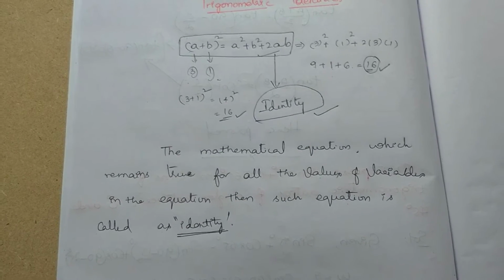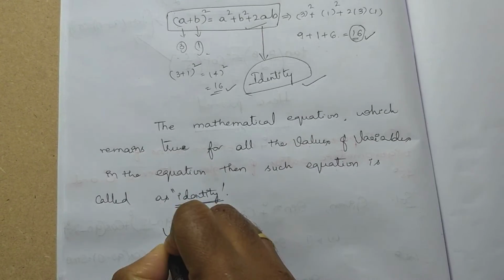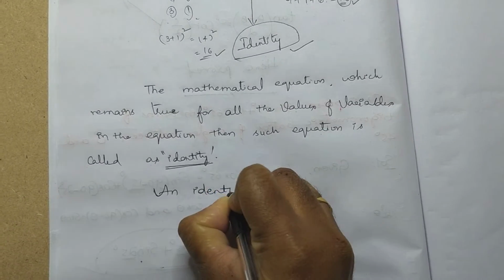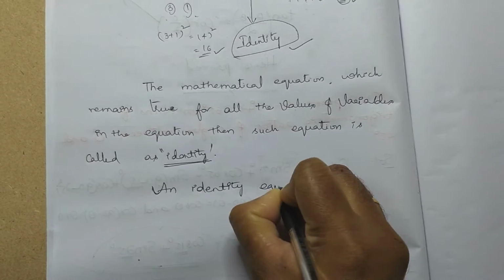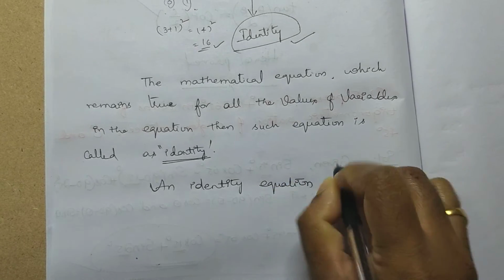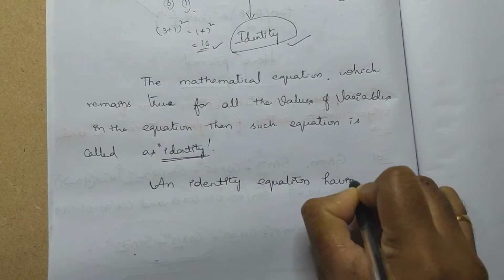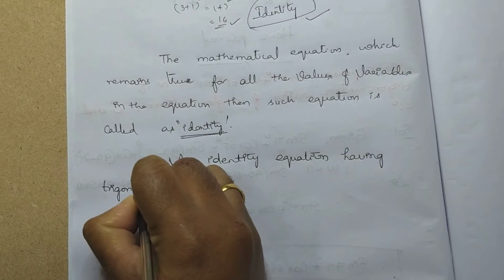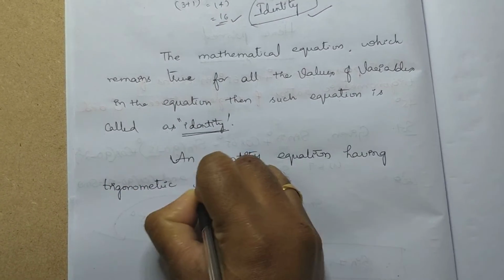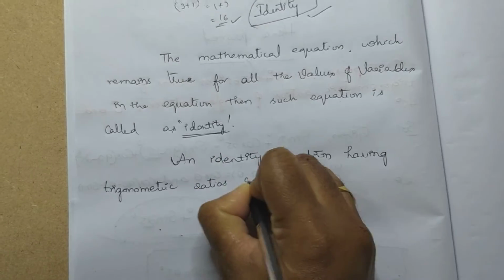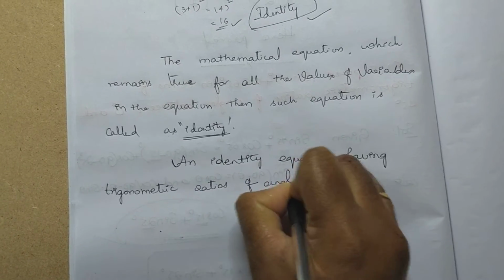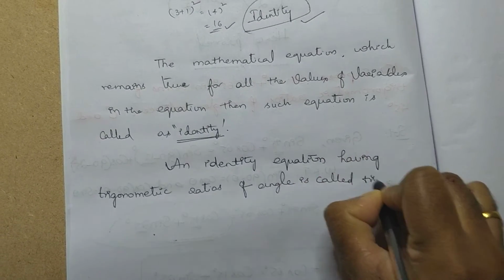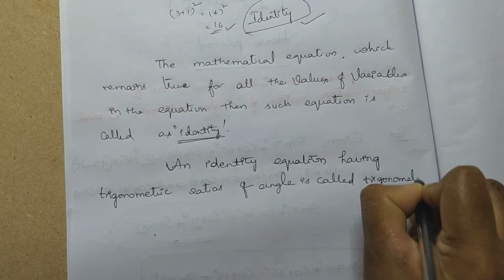Okay, so here I will tell you, see, an identity equation having trigonometric ratios of an angle is called a trigonometric identity.